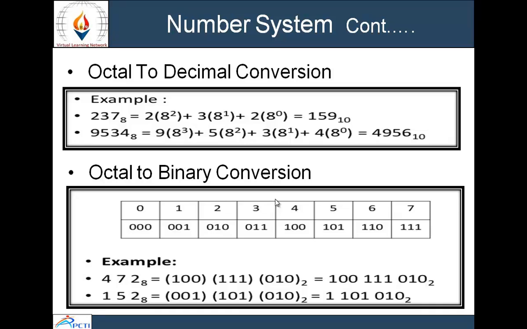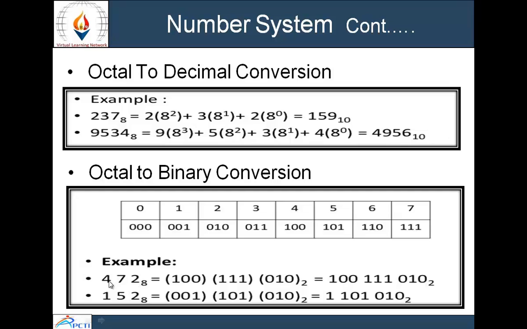To convert an octal to binary, it is a very simple process. Converting from octal number to binary is as easy as converting from binary to octal. Simply look up each octal digit to obtain the equivalent group of 3 binary digits. For example, if you want to convert 472 base 8, then simply look up each octal digit, that is 4, 7 and 2 individually, to obtain the equivalent group of 3 binary digits.